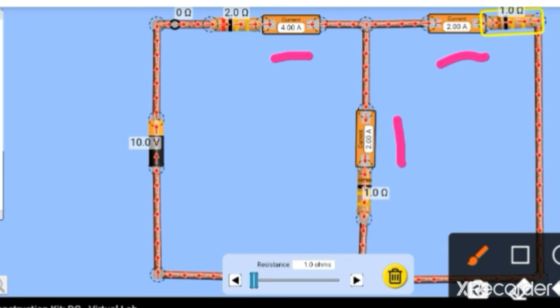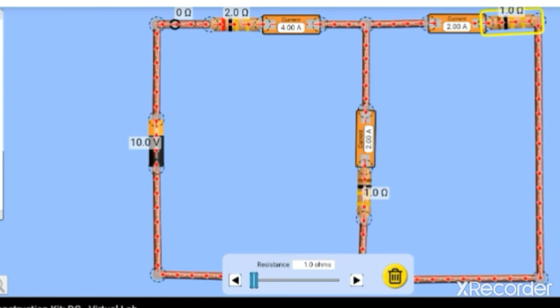So suppose now I'm going to increase the first resistance value from 2 ohms to some 4 ohms. So here see, I'm increasing the resistance value as 3 ohms. Initially, at the time of 2 ohms resistance, the current in the first branch will be 4 amps.